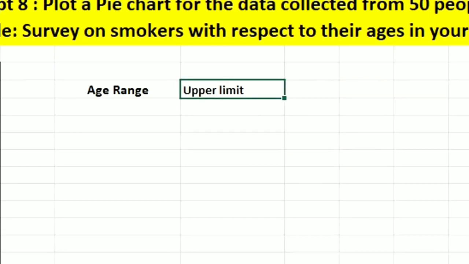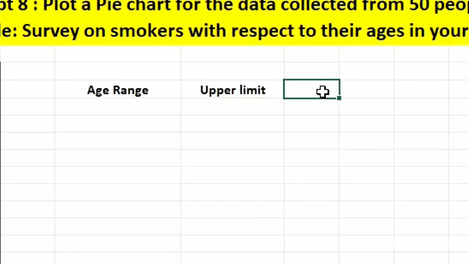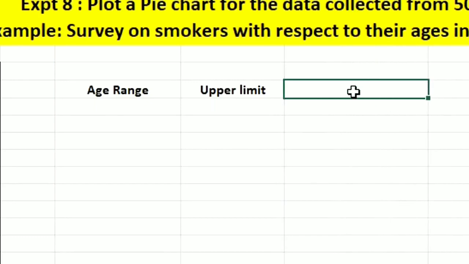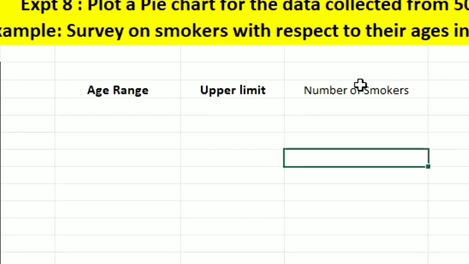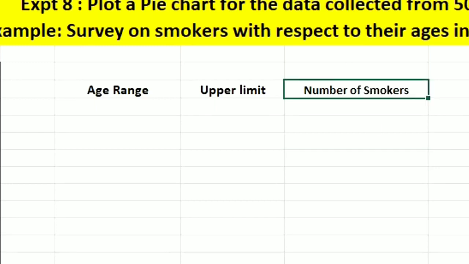Once I type upper limit, next I need the frequency, correct? Here the number of smokers is nothing but the frequency, correct? So here I'm going to type number of smokers. Number of smokers is nothing but the frequency.